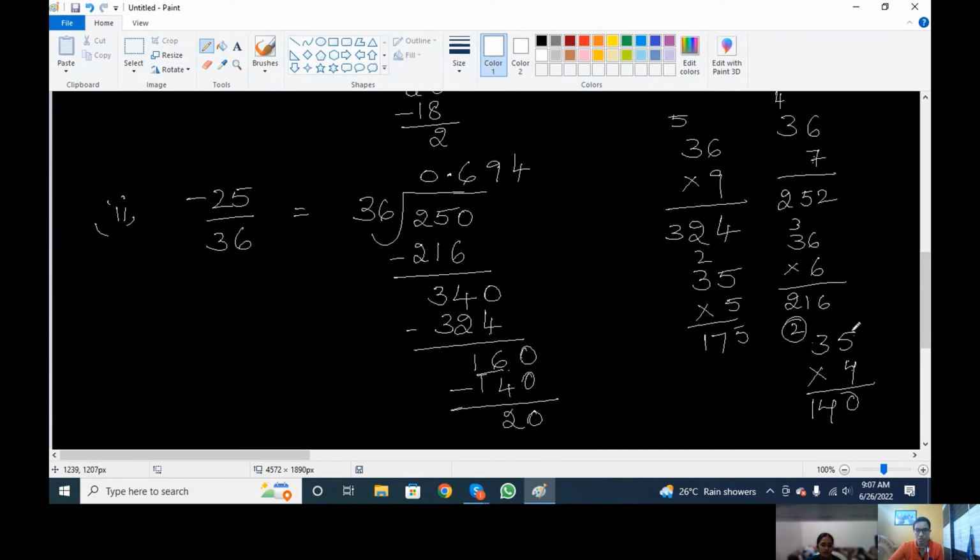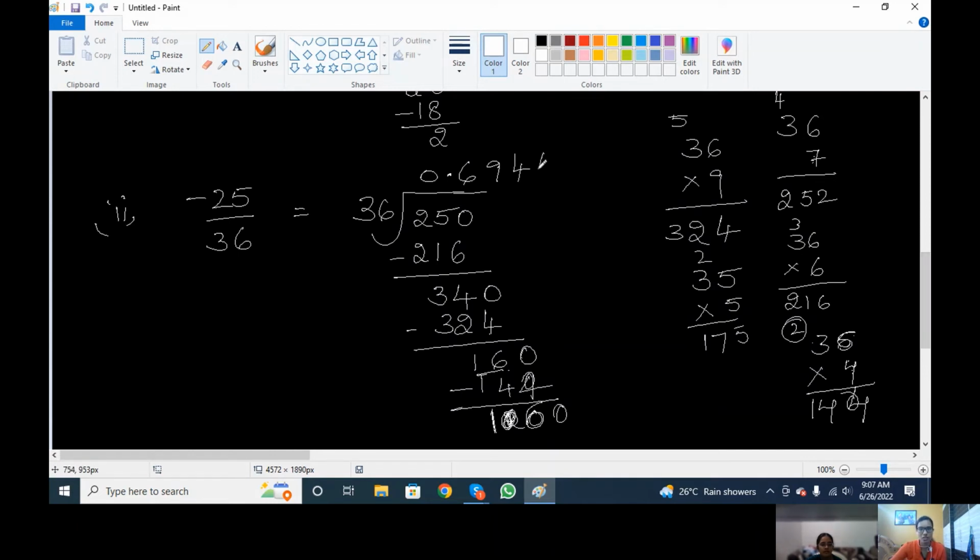36 fours are 144. So 10 minus 4 is a 6, and here 5 is there. 5 minus 4 gives you 1. So 116 and put a 0.